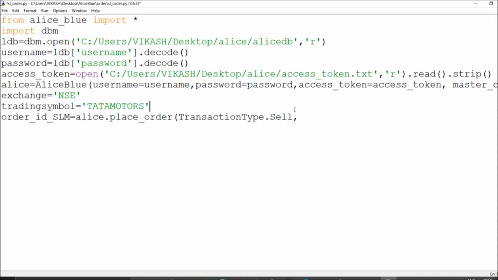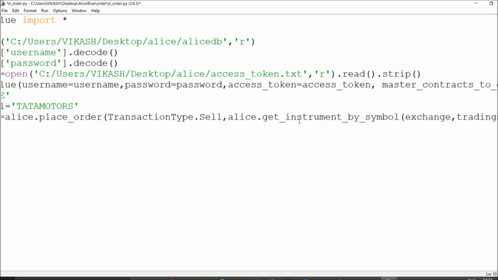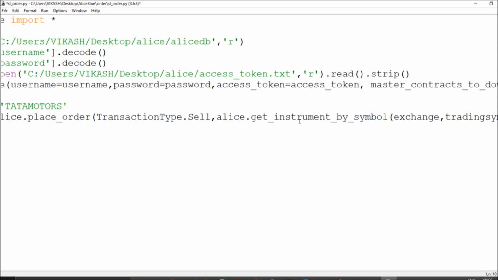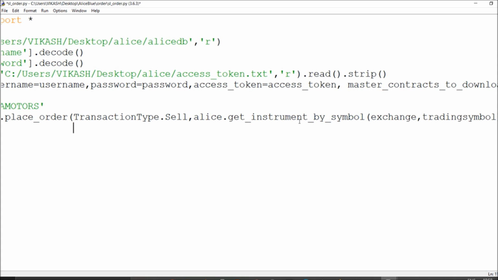Now I have to say alice dot get underscore instrument by symbol, and here I have to give exchange comma trading symbol. So here we are good to go, it is done.